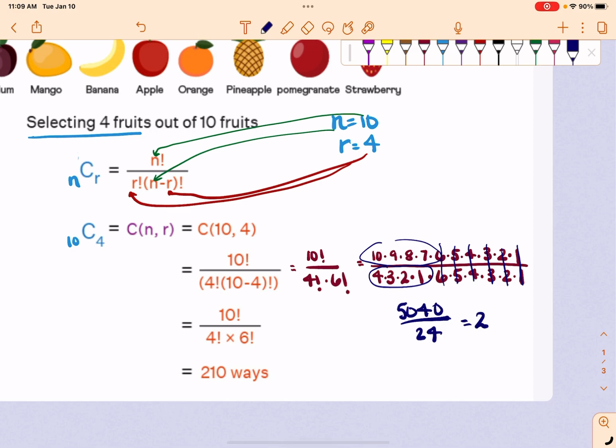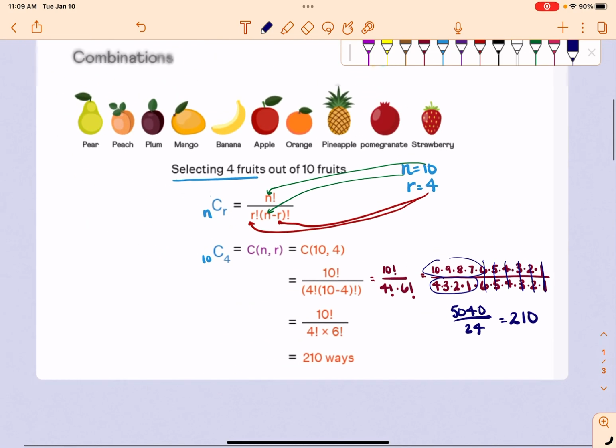And if I divide that out, that's 210. That means there's 210 different ways or combinations I can take these 10 fruits and put them into groups of 4. So it's very similar to being able to use that and be able to kind of work your way through that.